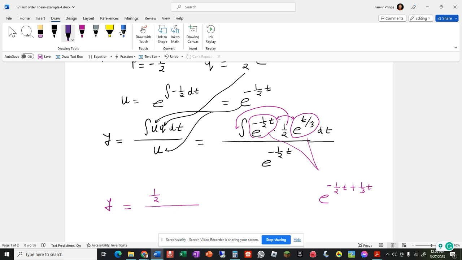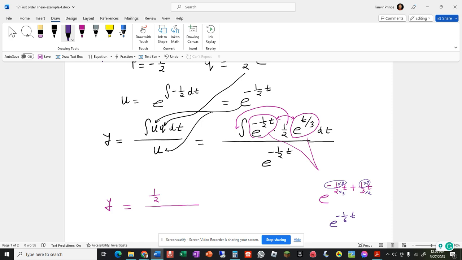Make the denominator the same, so I can multiply by 3 here, top and bottom, and I can multiply by 2 here, top and bottom, right? So this is actually negative 3 plus 2. So what I get is e to the power negative 1 over 6 t. So this is negative 3 plus 2, which is negative 1, and the denominator is 6. The common denominator is 6.